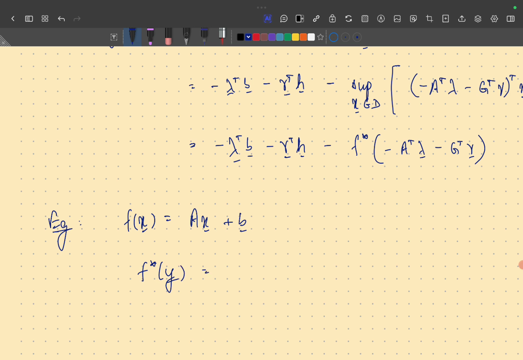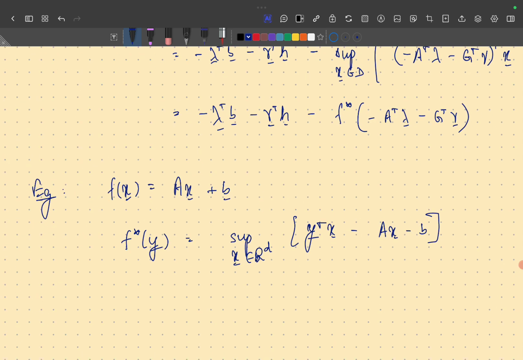F star of y is the supremum over all x in, say, R^d of y transpose x minus, I'm sorry, this should have been a transpose x minus b.